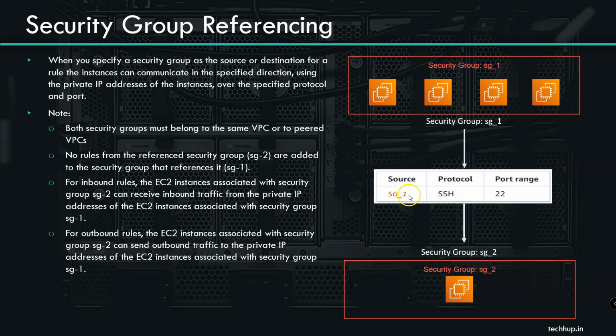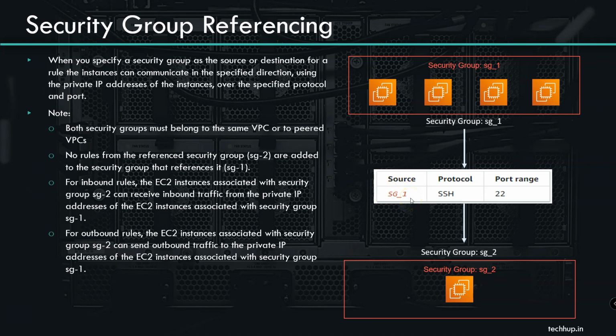And then remember that whatever rules you have defined under security group 1 are not actually added to security group 2. It's just referencing the private IP addresses of these associated instances as a source, but it has nothing to do with the rules that are defined under Security Group 1.